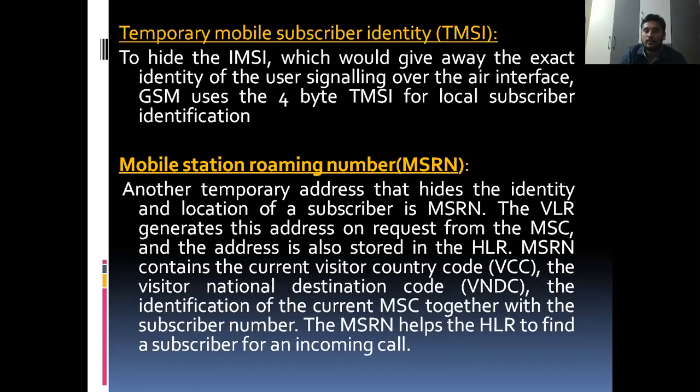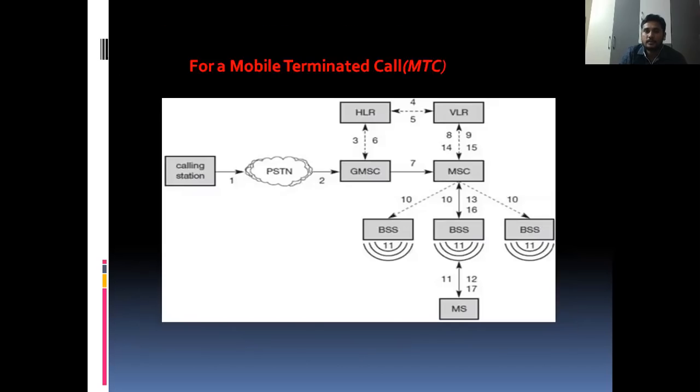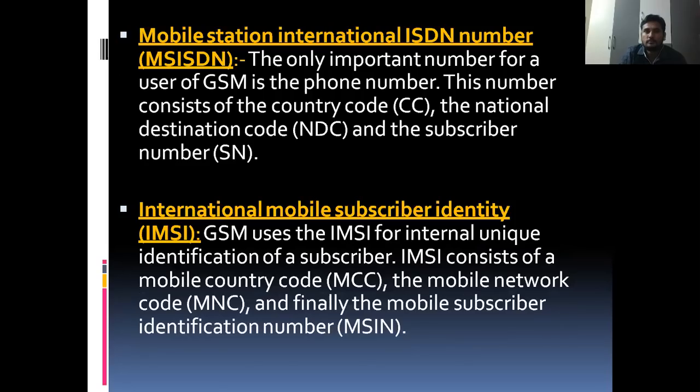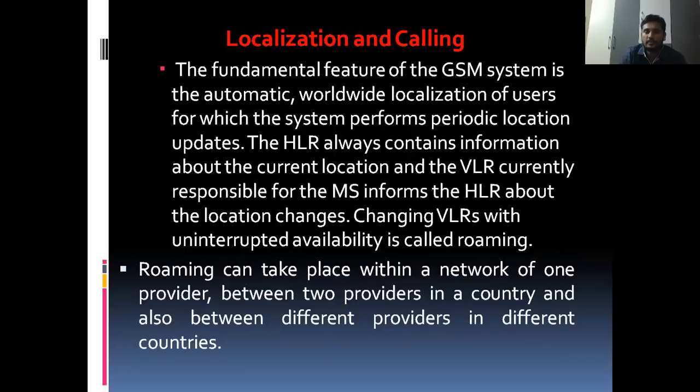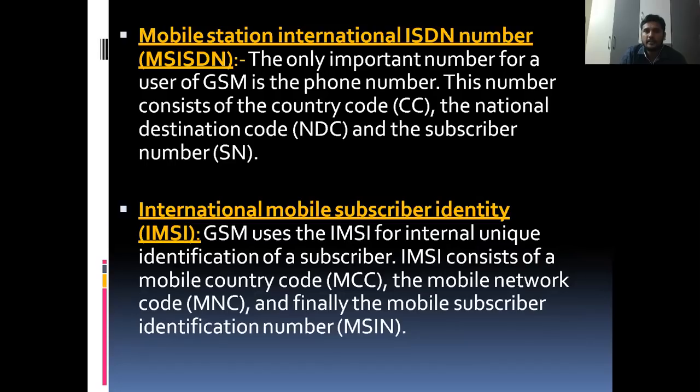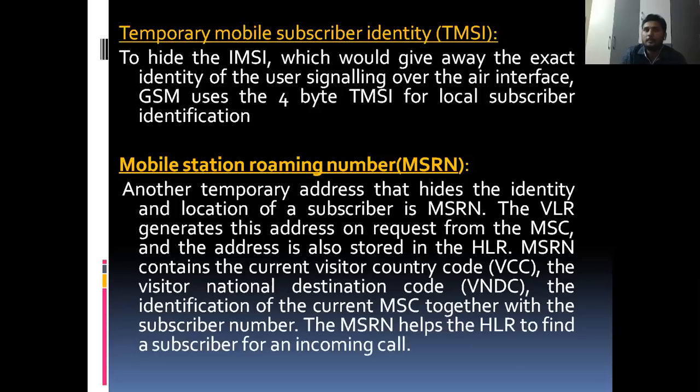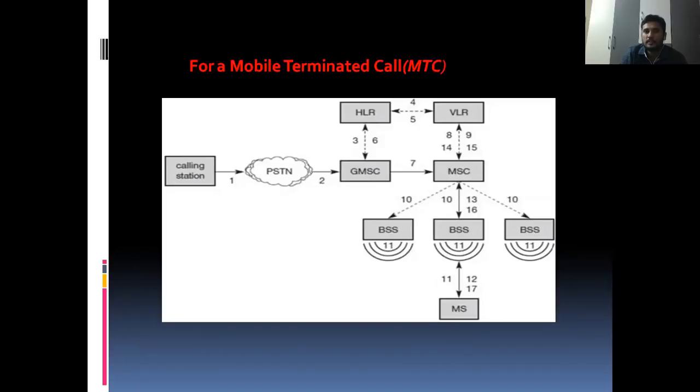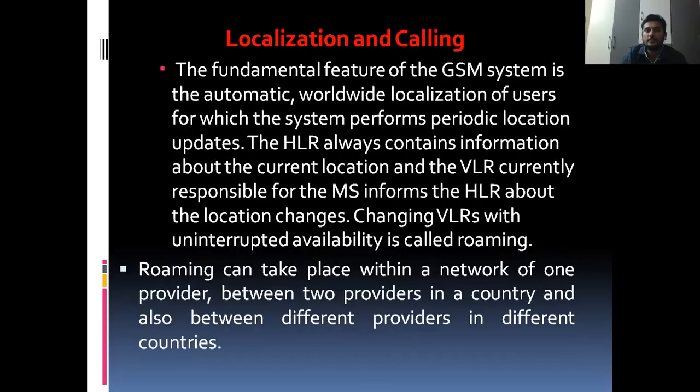That is localization and calling. In localization and calling, for identification purposes, we use these numbers: the MSISDN number, the IMSI number, the temporary mobile subscriber identity number, and the mobile station roaming number. So this is the diagram of how the call is connected from one mobile station to another mobile station.